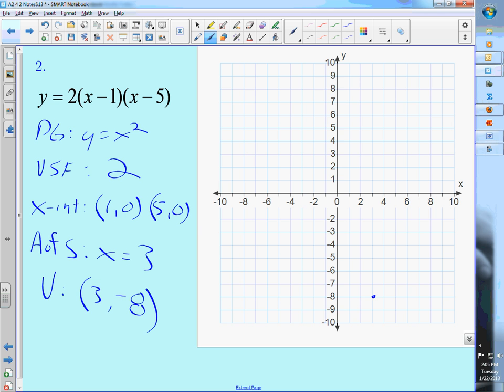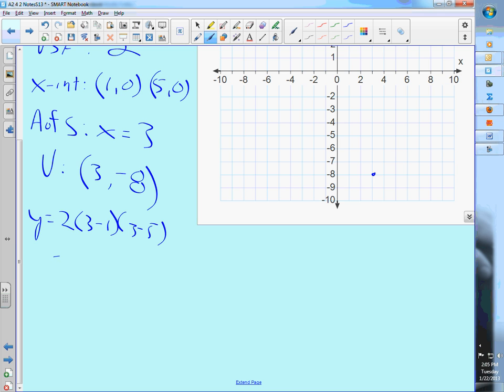Once you know what x is, plug it in. y equals 2 times (3 minus 1) times (3 minus 5). What's 3 minus 1? It is 2. And what's 3 minus 5? Negative 2. When you multiply 2, 2, 2, you get 8, and with one negative, negative 8.